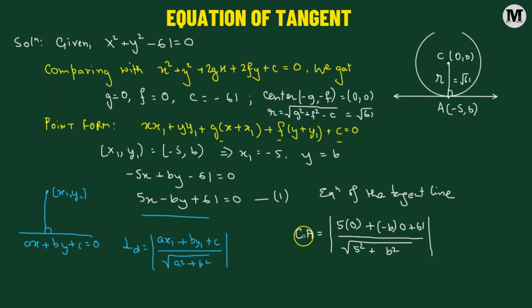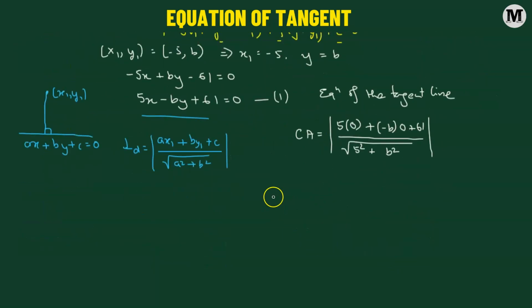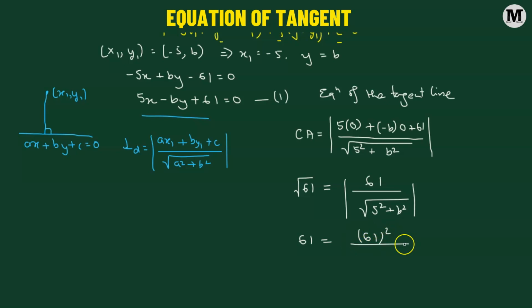Now the value of CA is going to be the radius of the circle, which is square root of 61. So that will be equal to 61 divided by square root of 5 squared plus b squared, and we have to take the absolute value. Now we will square both sides to get 61 equals to 61 whole squared divided by 5 squared plus b squared.